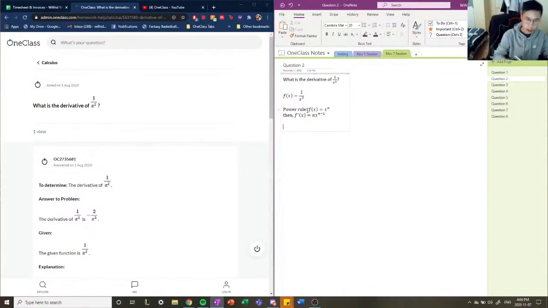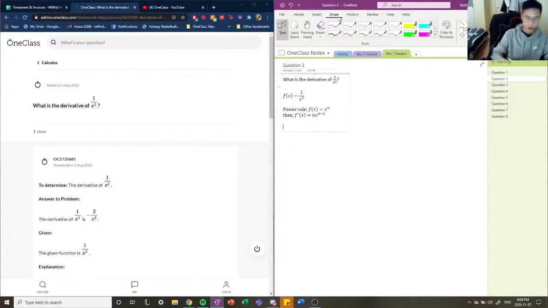So going to our question in specifics, we have f of x equals 1 over x squared, right? We could alternatively describe 1 over x squared as x to the power of -2. This and this are equivalent to each other. So now we're going to apply our power rule.